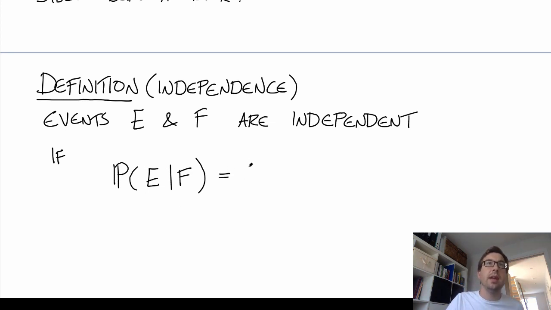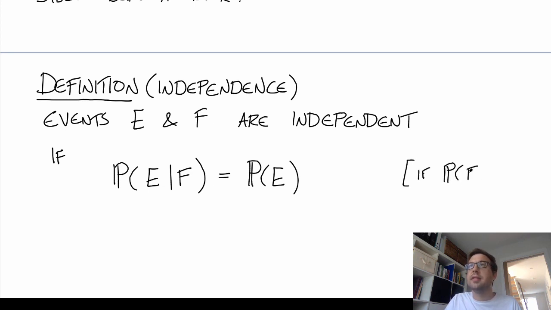So it should just be the same as the probability I anticipated if I didn't know anything about the first sibling. Okay? And of course this is assuming that the probability of F is greater than 0. Okay?